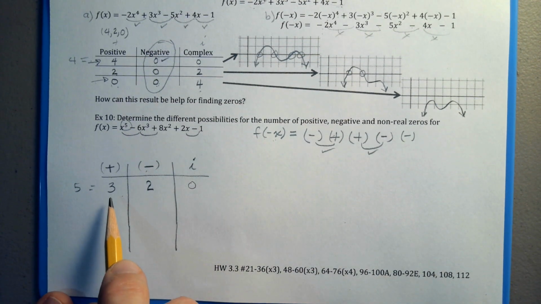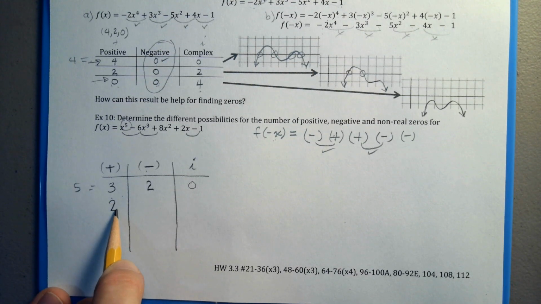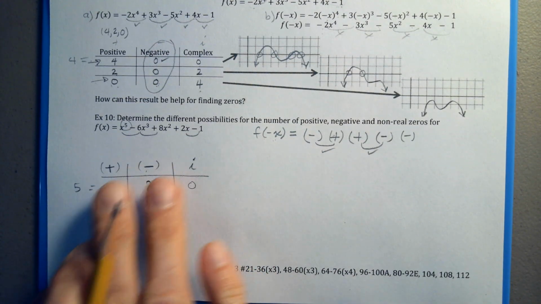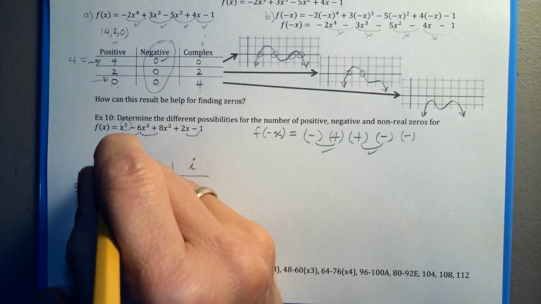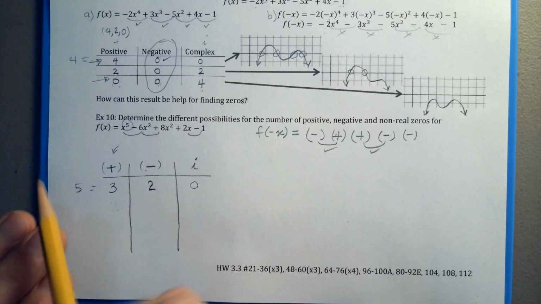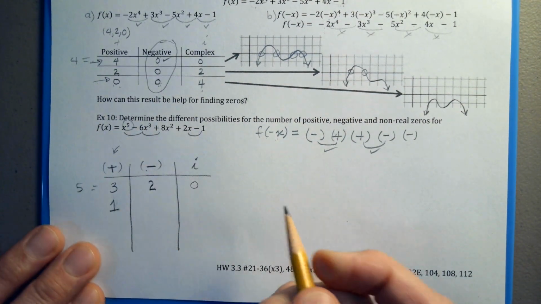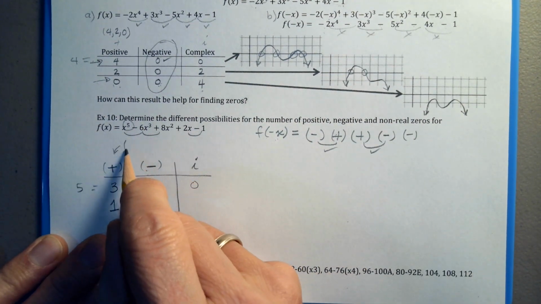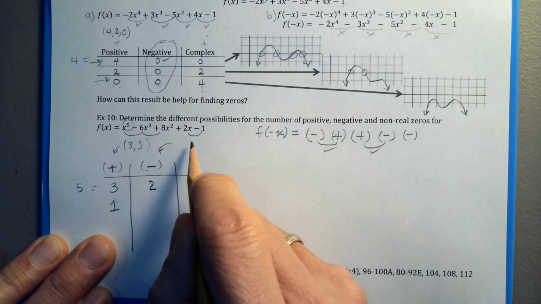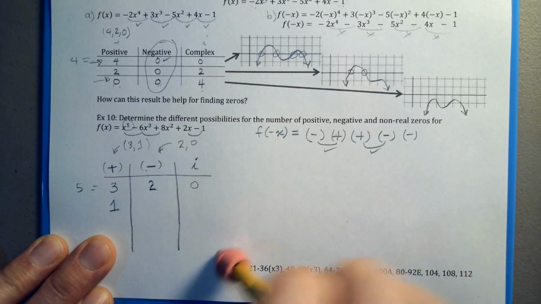All right, so you know that the 3 is either the correct number or it's decreased by an even number, so it's possible that it's 2. Now, this is possible for decreasing too, but let's do one at a time. So in this column we can have 3s or 1s, and in this column we can have 2s or 0s.